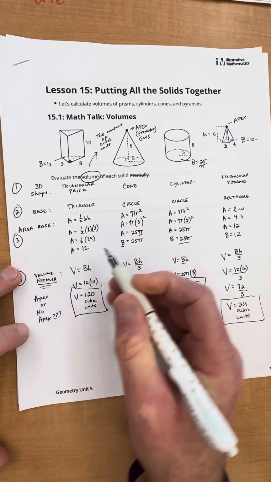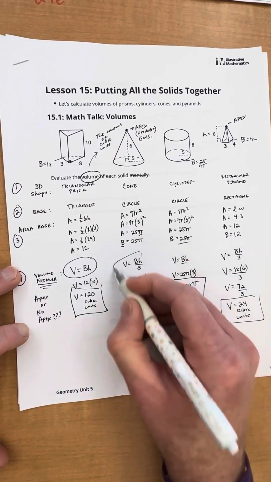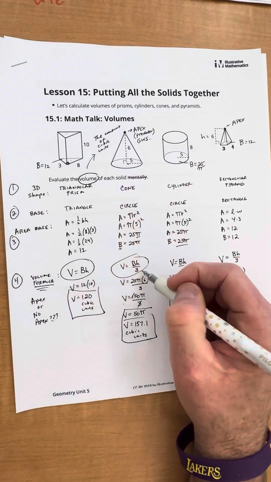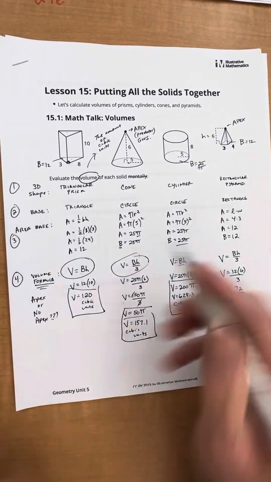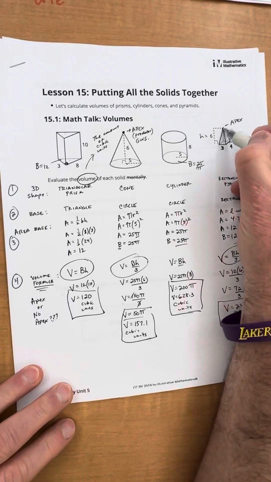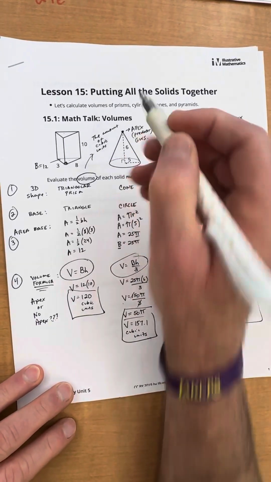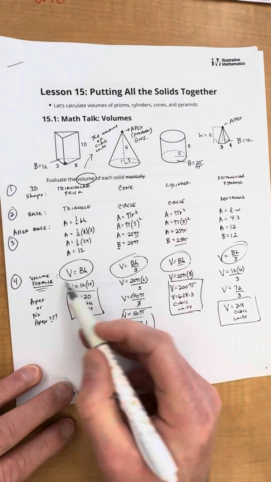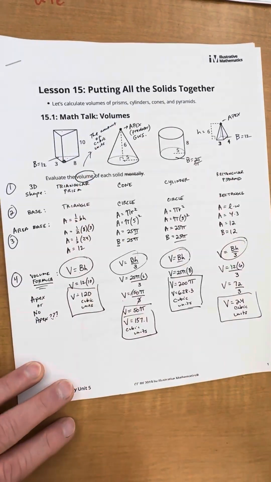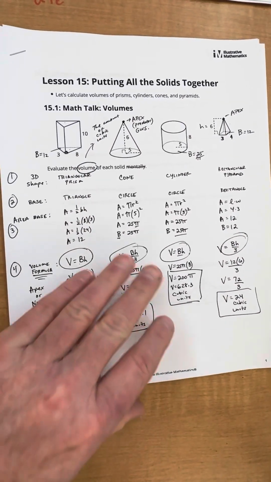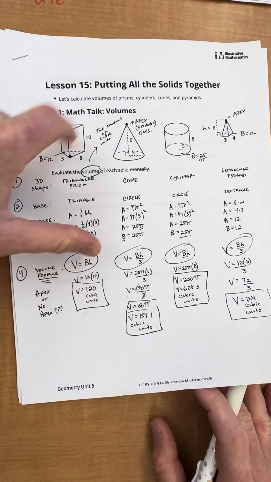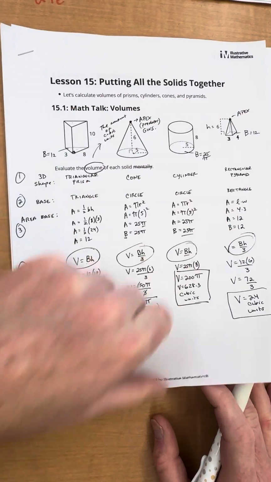And that'll determine if it's base times height or base times height over 3. If it's got an apex, it's base times height over 3. Base height over 3, apex. Base height, no apex. So it's pretty simple stuff. But it just takes practice. And again, prism, cone, cylinder, pyramid.